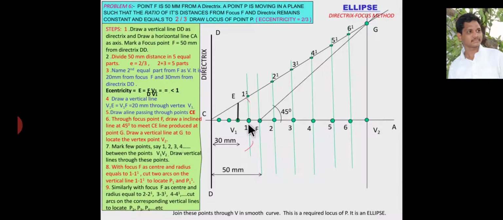Consider 1 1 dash as radius and F as center, and cut 2 arcs on the 1 1 dash line.